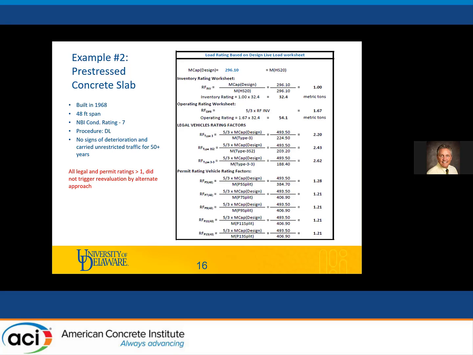Using it, we might find that some of these rating factors are below 1, and that's going to trigger an evaluation, a next step in that evaluation, you might say, that California has in their procedure to deal with that.